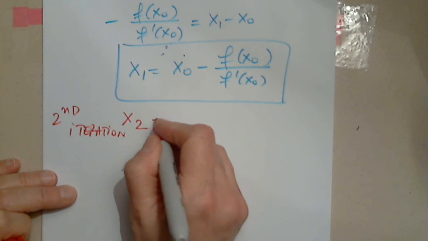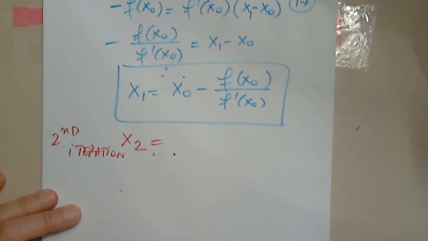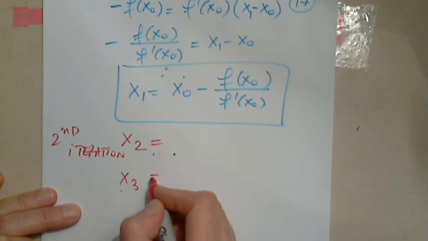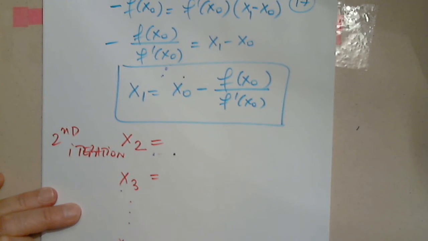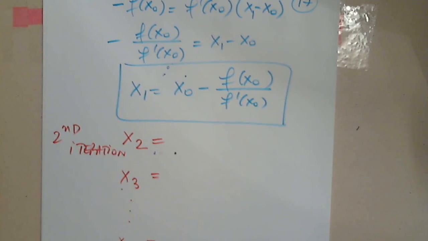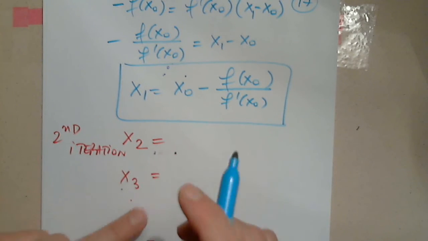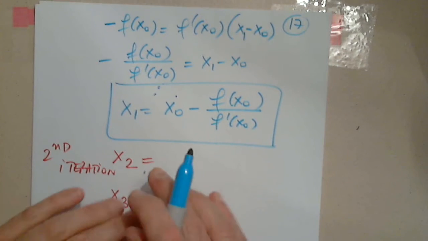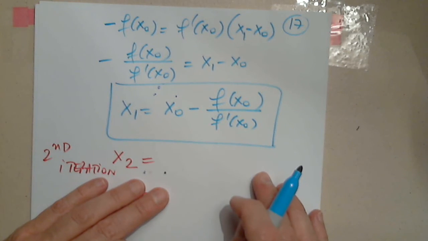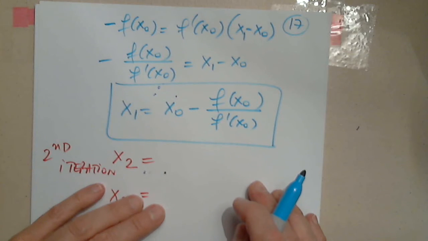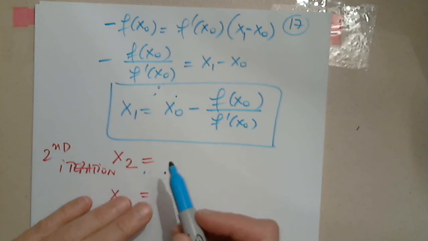Can anyone give us, without calculations, the second iteration? Maybe even the third, and then the general one. Is it xn is equal to xn minus 1? Yes. So let's write the x2 for everyone to see, and then we'll write the rest.